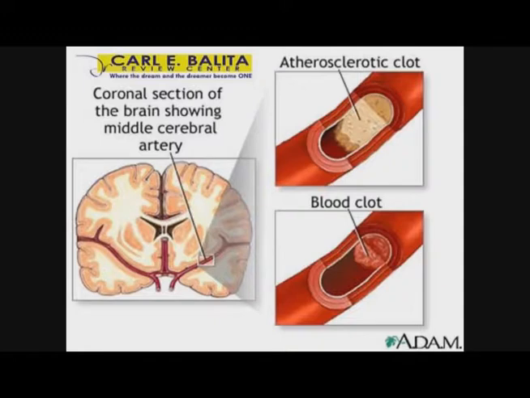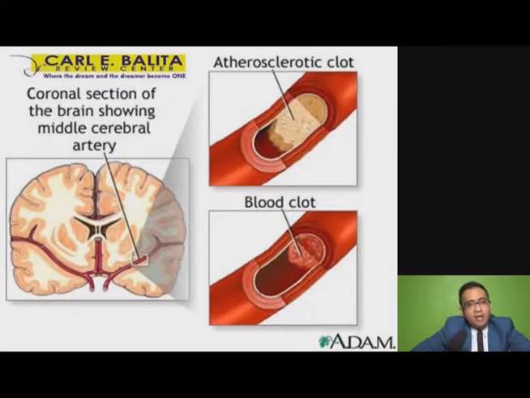Okay. So we have here your coronal section of your brain. Now, as you can see, what are the causes of this clot? The clot could be caused by your atherosclerosis. What do we mean by atherosclerosis? There is a deposition of fat that could be found on the artery.